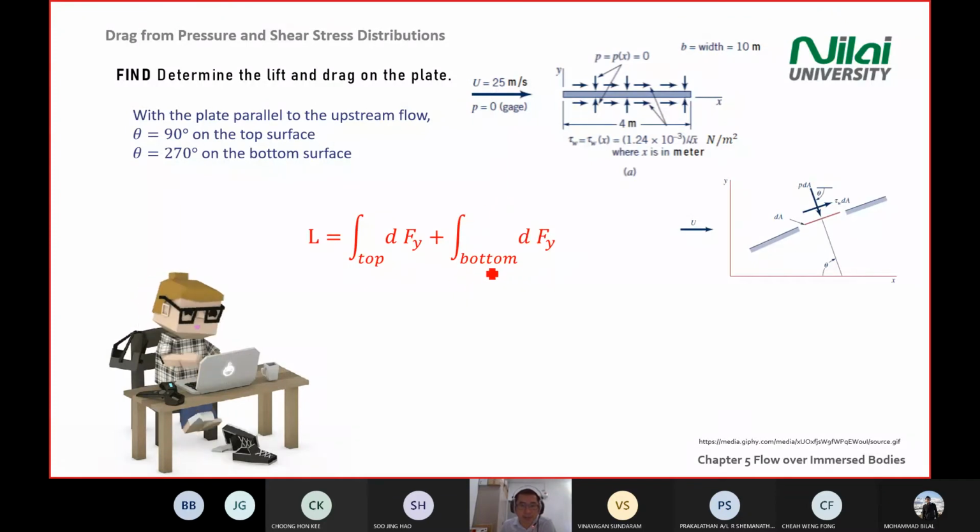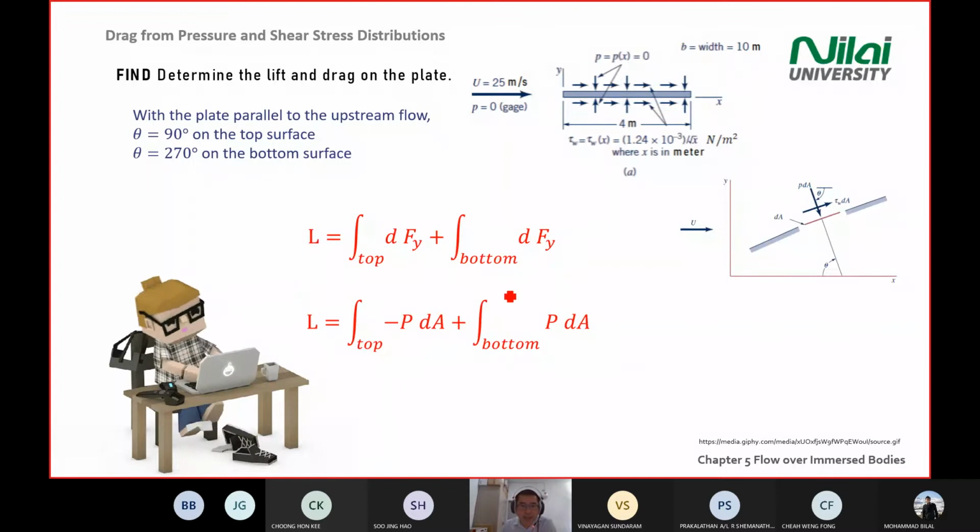In the exam or in your answer later on, you can put 1 or 2, but you have to label 1 and 2, right? Then you continue with the mathematical equation.